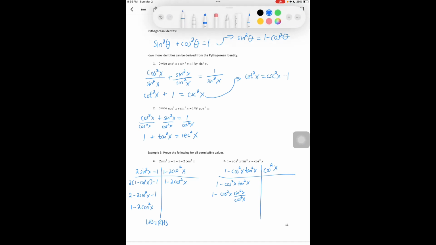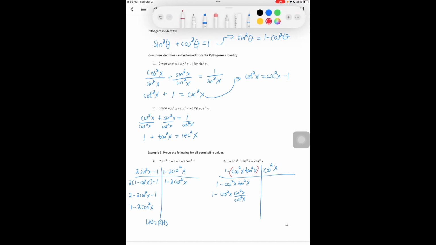And then this is what gets a lot of students. They see 1 minus cos squared x and they think, oh, this part here is going to be the same as sine squared x, since sine squared x equals 1 minus cos squared x, and they convert that. But this is a question that tries to trick students, because this cos squared x is actually being multiplied by the terms in the brackets.